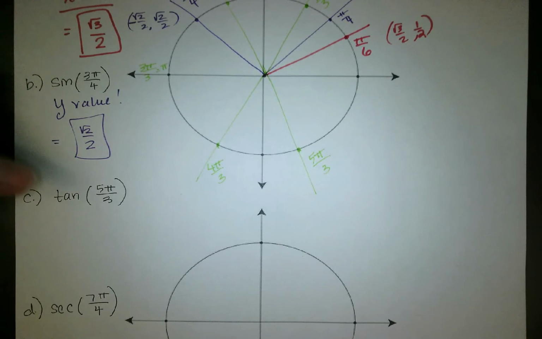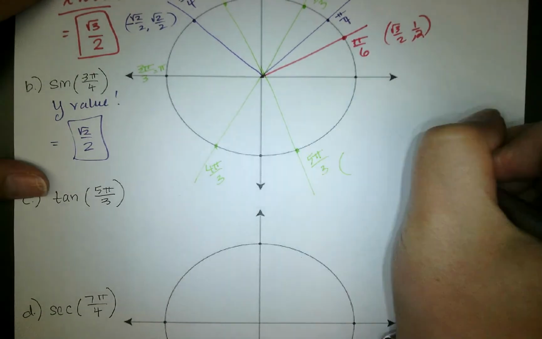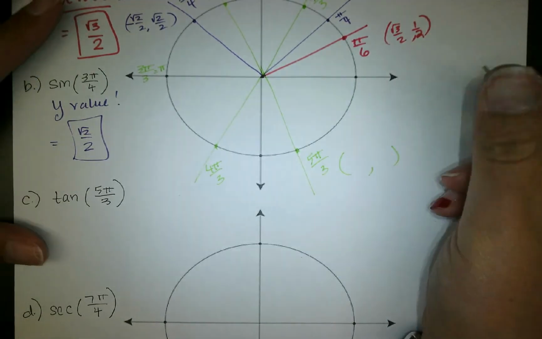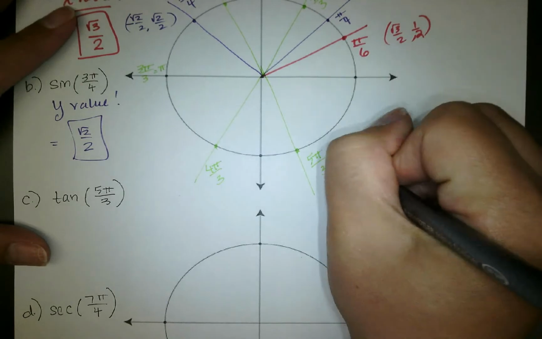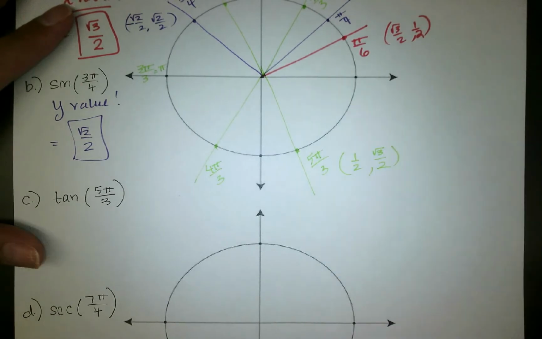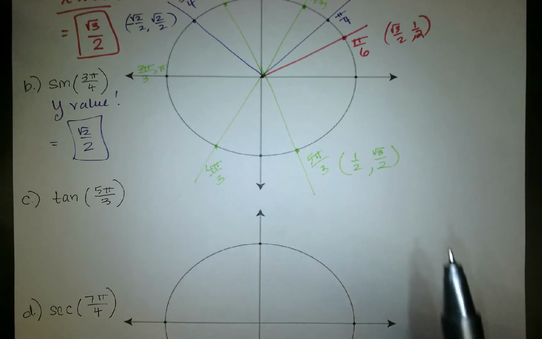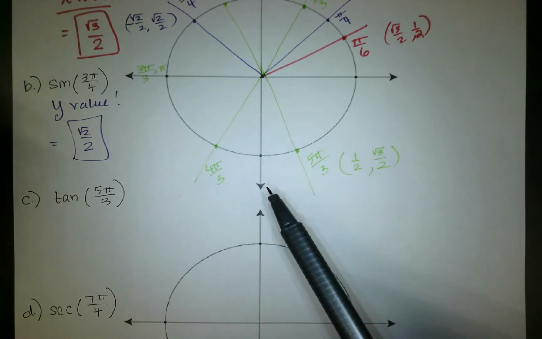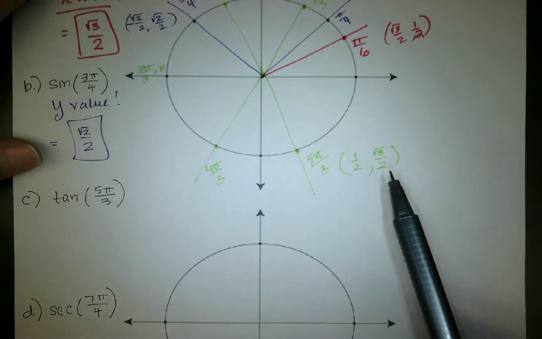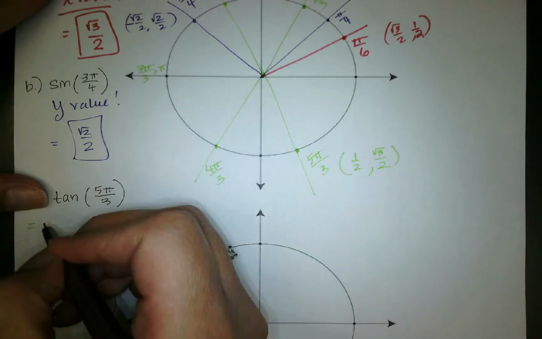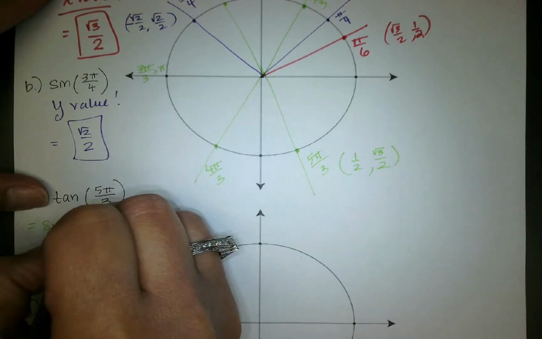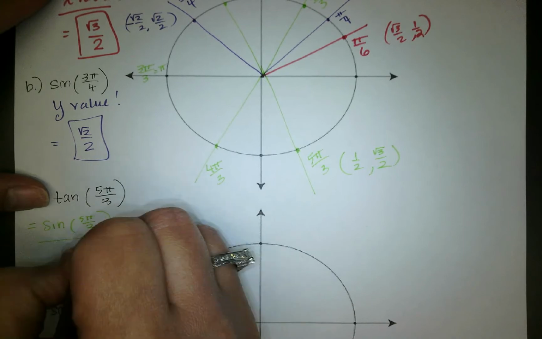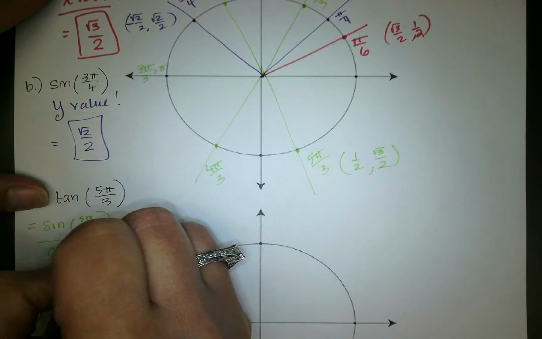Alright. Tangent. So let's label that xy coordinate. Pi over 3, guys, are 1/2 comma square root of 3 over 2. Get these memorized. Tangent of 5 pi over 3 is sine of 5 pi over 3 over cosine of 5 pi over 3.